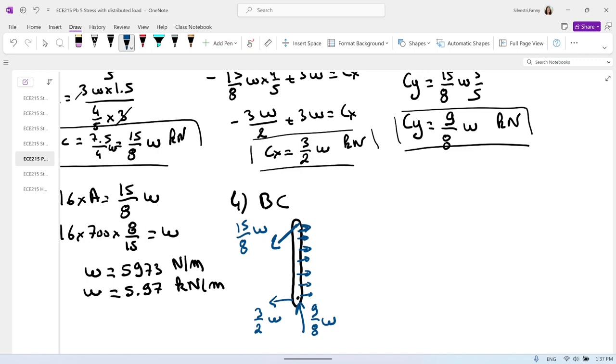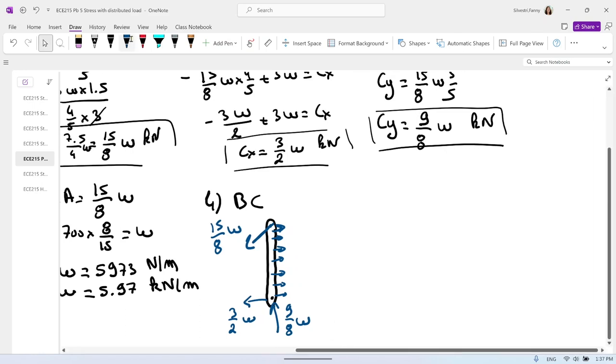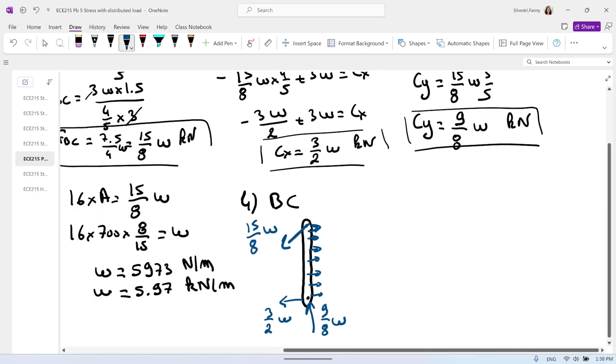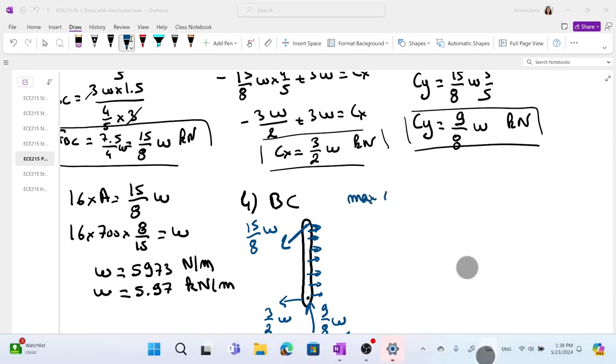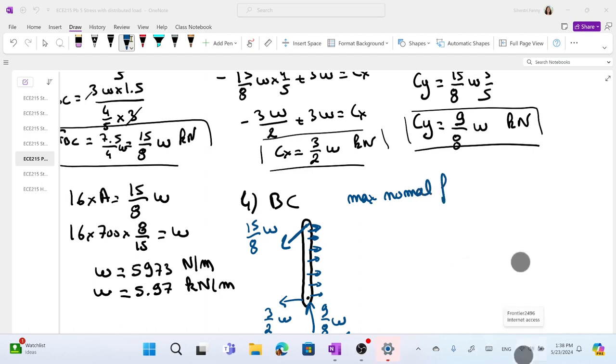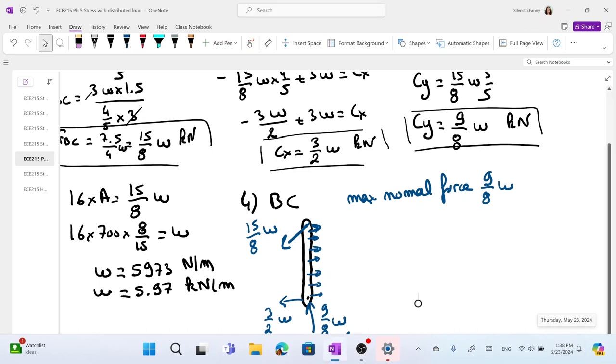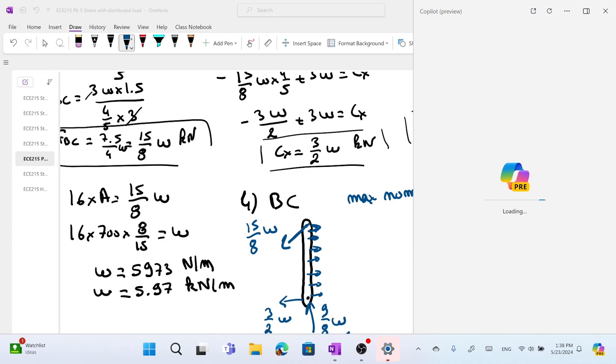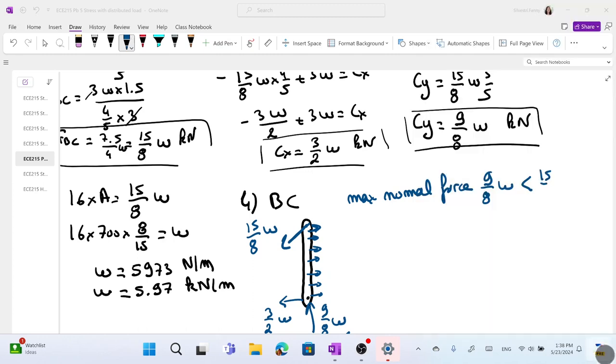Right? So the max normal force, if we look at it, the max normal force is 9/8 of W. And this is less than the 15/8 of W. So the member AB is submitted to a larger normal force and normal stresses.